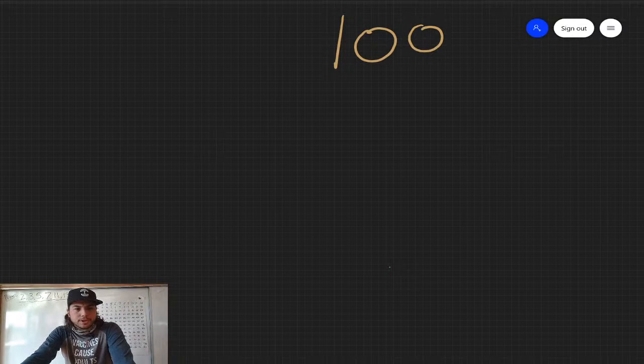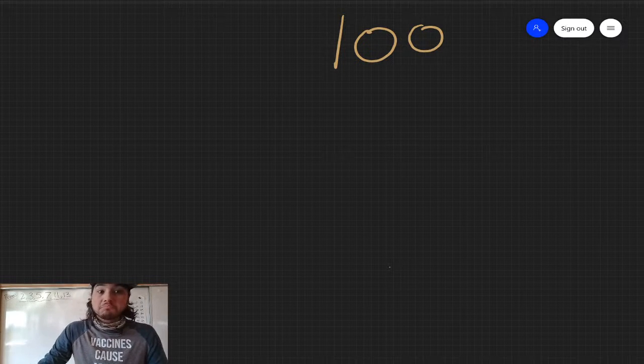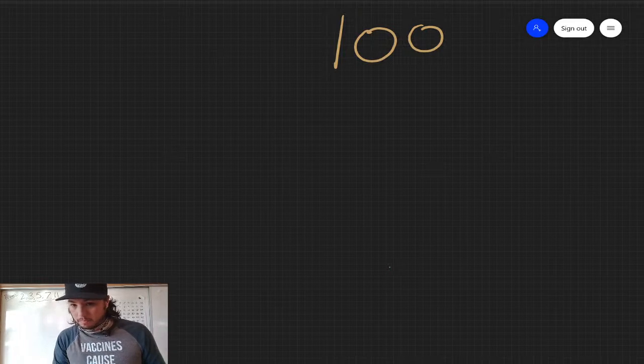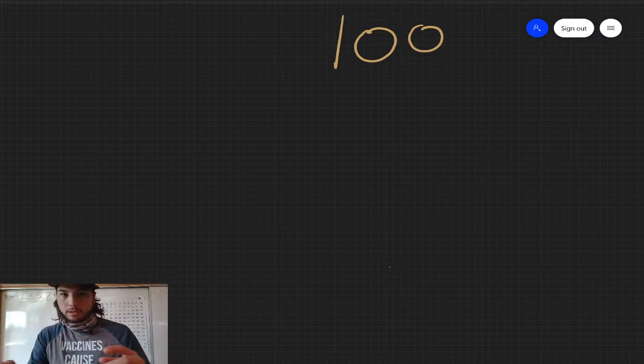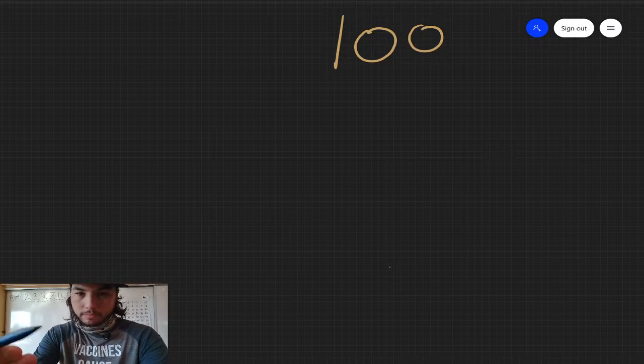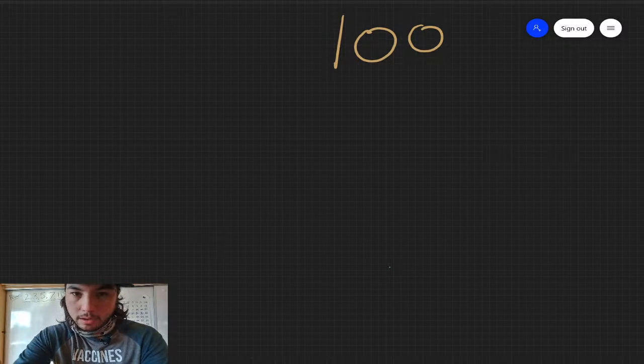What two numbers can you multiply together to make 100? There are a few of them. We've got 100 equals 10 times 10. Let's do it. 100 equals 10 times 10.